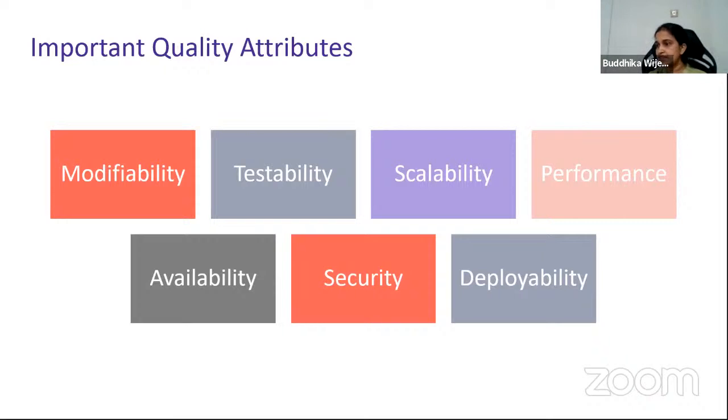So how well our architecture adapts to those availability requirements needs to be considered when taking decisions on availability architecture. And then security, definitely a very important quality attribute that needs to be considered. Then deployability, how easy it is to send changes from development to production. So your architecture needs to support this.